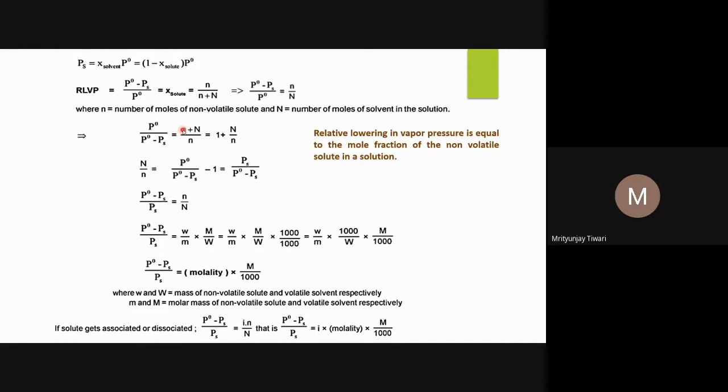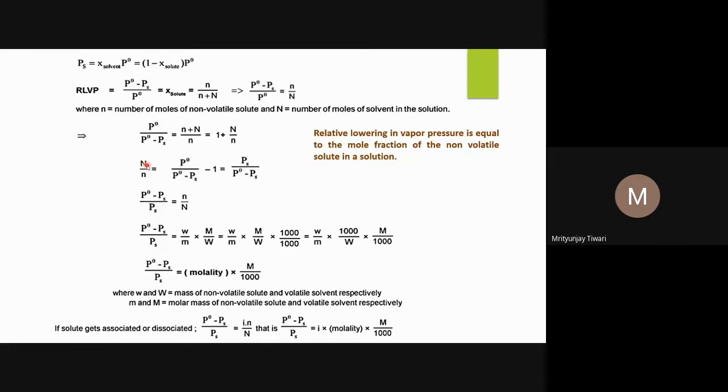And now small n plus capital N divided by small n. This we can further simplify. We can write small n divided by small n plus capital N divided by small n, and small n divided by small n is equal to 1. So what we obtain here is 1 plus capital N by small n.